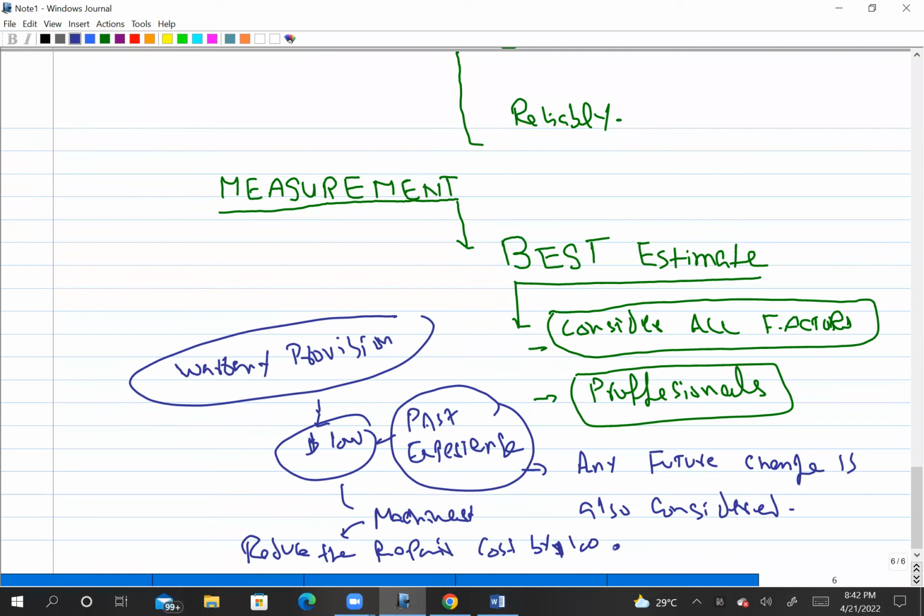Then the cost reduction caused by the change in technology will be considered while determining the provision. You get it? You get this concept?